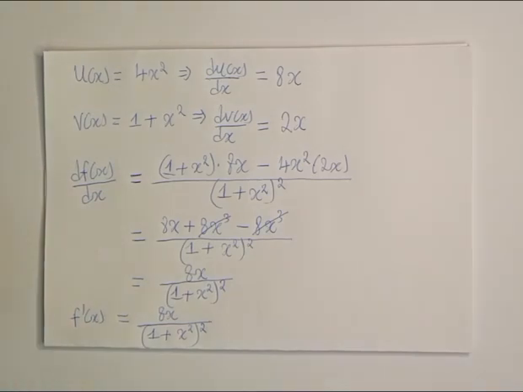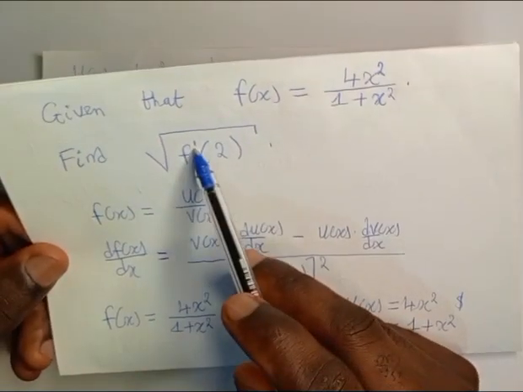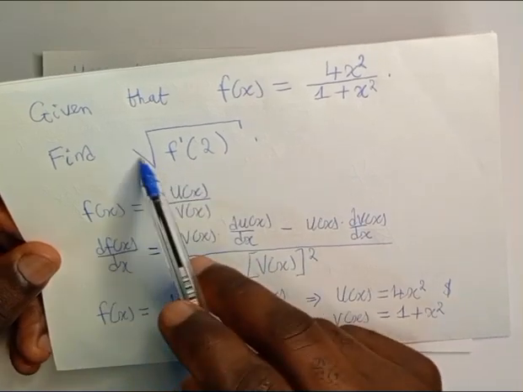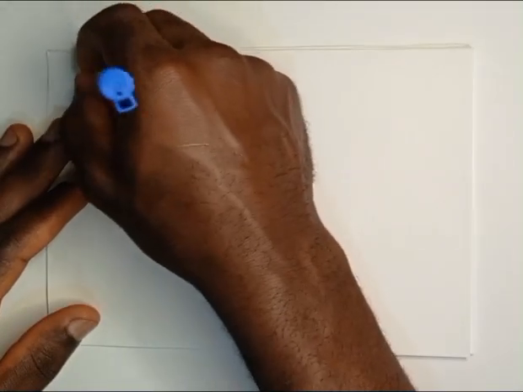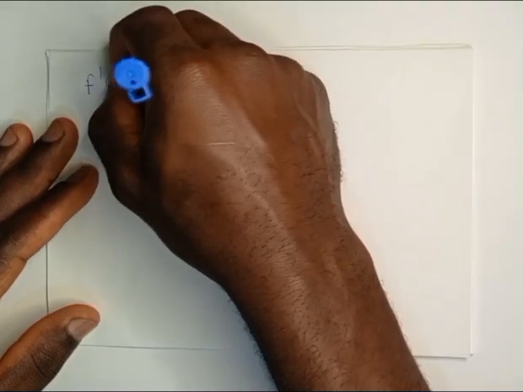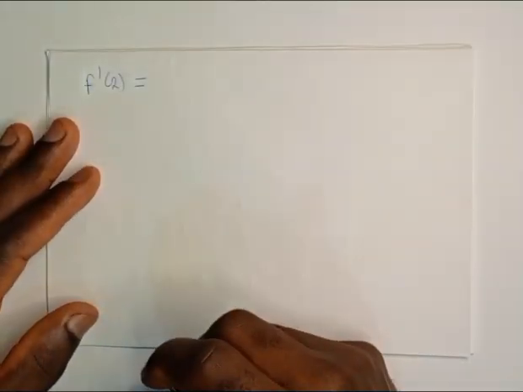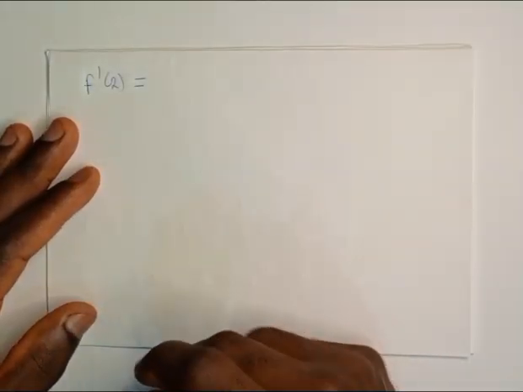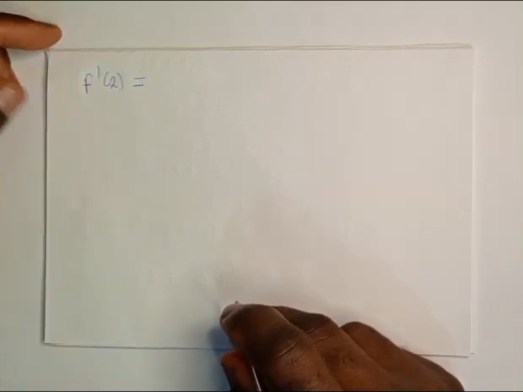Next thing we have to do is find f prime of 2, and before we take the square root. f prime of 2 will simply be equal to, in the function f prime of x, we are going to replace x with 2.